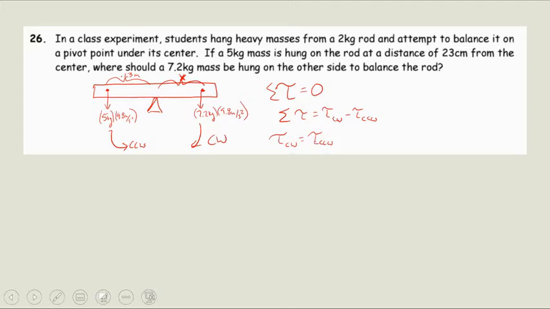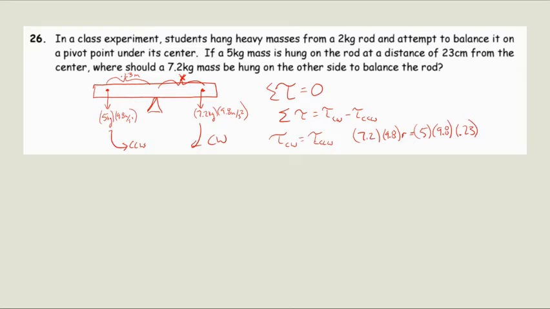So what are our torques equal to? Well, our clockwise is going to be 7.2 times 9.8 times my radius, that's what we don't know, is equal to 5 kilograms times 9.8 times a distance of 0.23 meters.